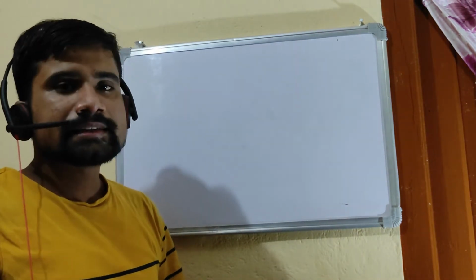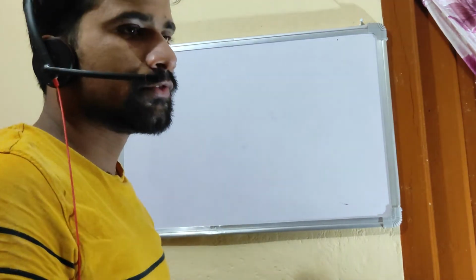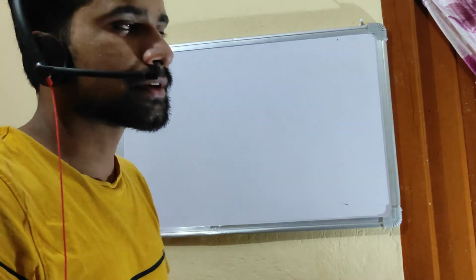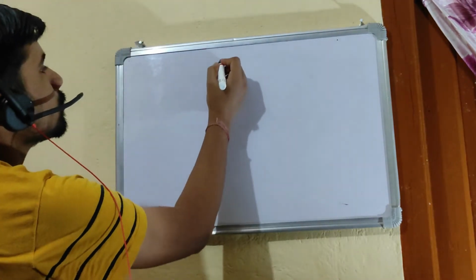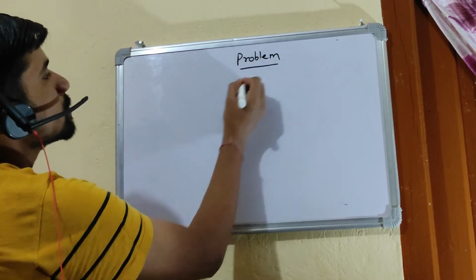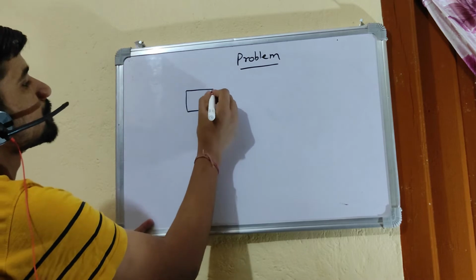So let's discuss a problem over here, which I will not give you a solution for, but I'll expect you to get a solution out of it, and maybe you can post it in the comments. So, problem. Let's say there are three objects.